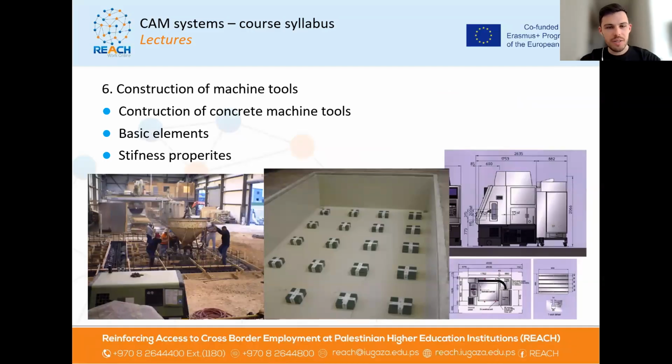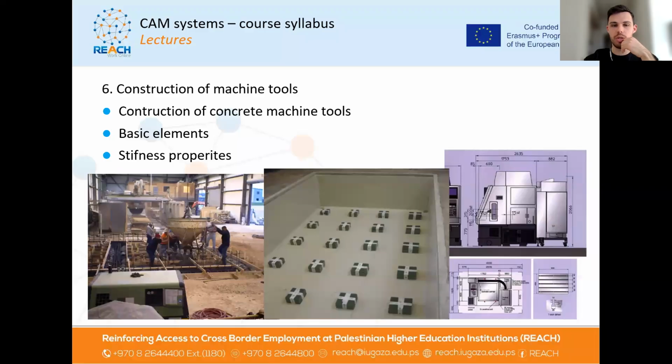And one big thing before is the construction of machine tools: how the machine is built, what the basic elements or the concrete construction of that are, because every CNC machine is put on the ground.